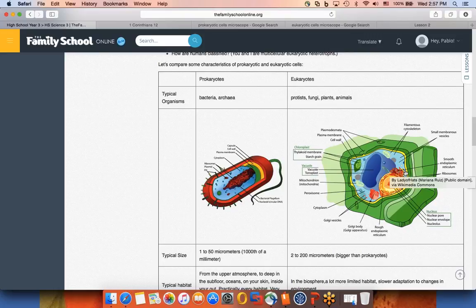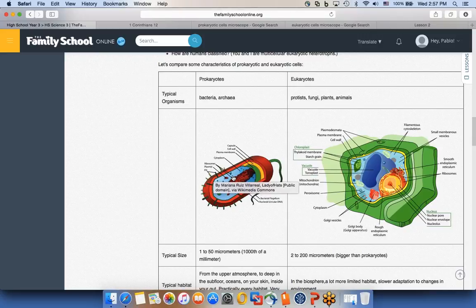Can you see that the way to kill a bacteria is with the antibiotic? What it does is break the cell wall and the cell membrane of the bacteria, and then it kills the bacteria.